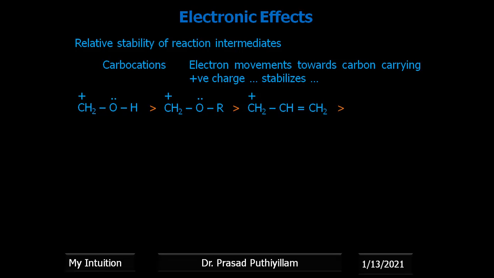Then comes the tertiary butyl group, or alkyl substitution. A molecule with more alkyl substitution on the carbon carrying the positive charge will be stabilized. It can have both inductive effect and hyperconjugation, but hyperconjugation is stronger. Here these three hydrogens can form a hyperconjugated structure, with formation of a double bond and the positive charge shifting to that hydrogen.